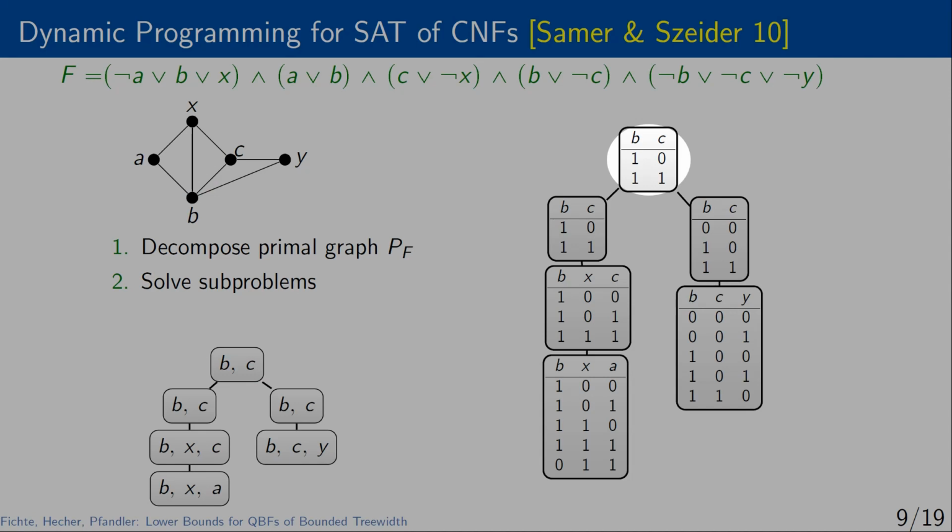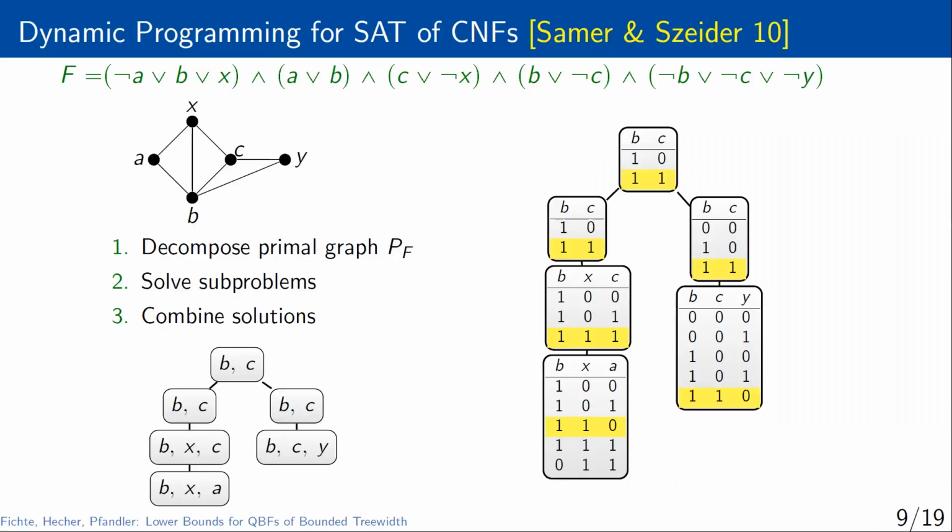Since the root table is not empty, there has to exist a satisfying assignment, which can be easily reconstructed by following back predecessors of rows. With this technique, we obtain an upper bound for Boolean satisfiability, which runs in time that is single exponential in the treewidth. And this can be easily extended to QSAT, which is basically what Chen's algorithm does.